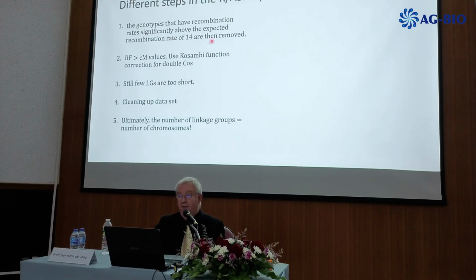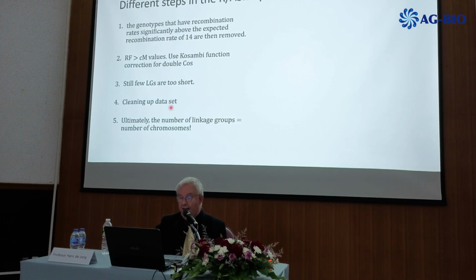So the genotypes that have recombination rates significantly above the expected recombination of 40 are then removed. So we use the Kosambi function to correct for transferring the recombination frequency into centimorgan, correcting for double crossovers. And then still we have a number of linkage groups that are too short.